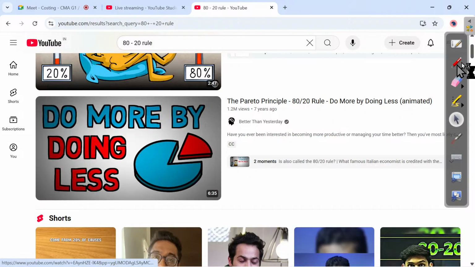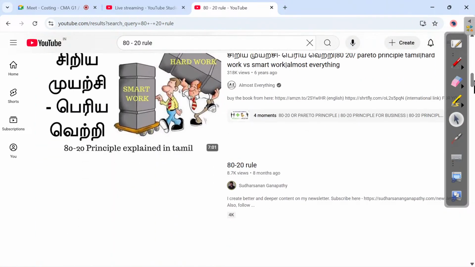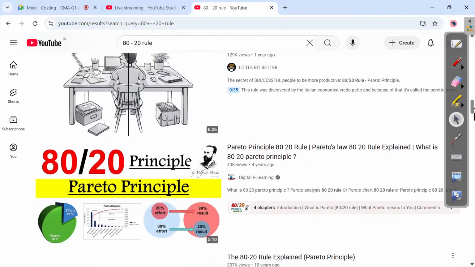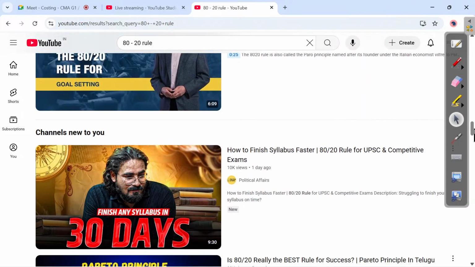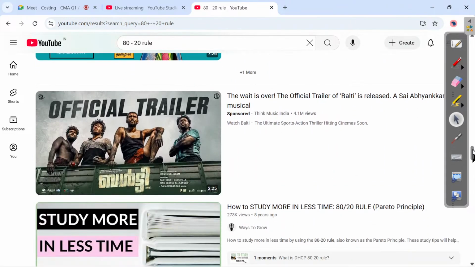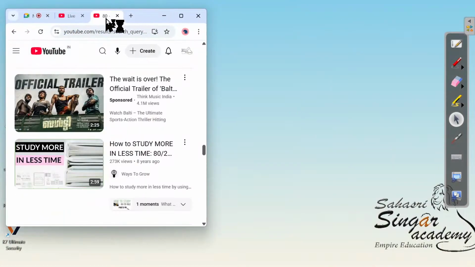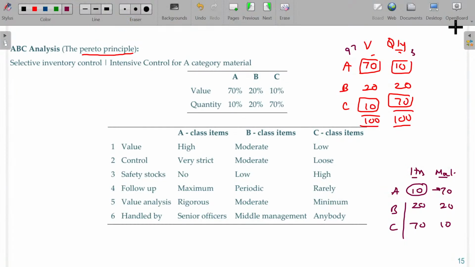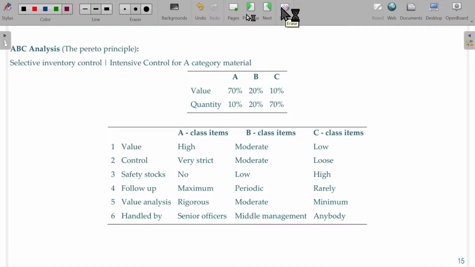Then it's an animated version. So one of the famous theories. 80-20, 80-20. So many 80-20. Most probably in your schools also, 3% of students score around 70% of the marks. Right, so the same happens. One of the fantastic cases.